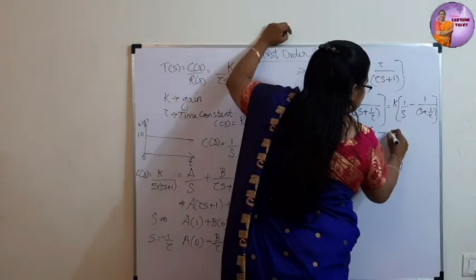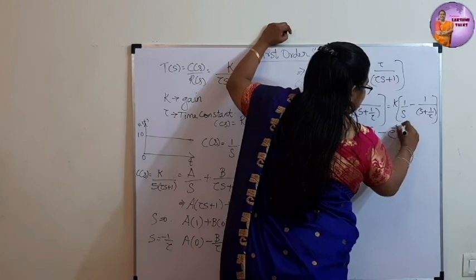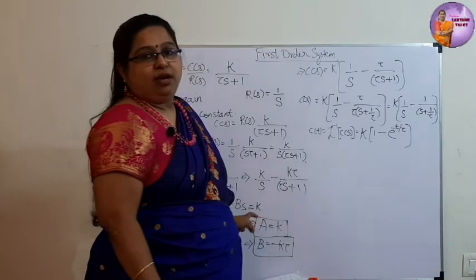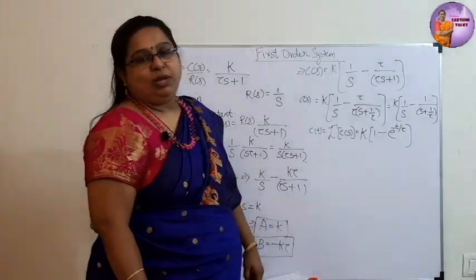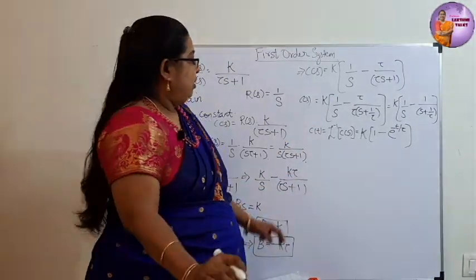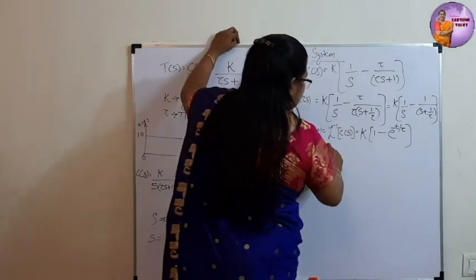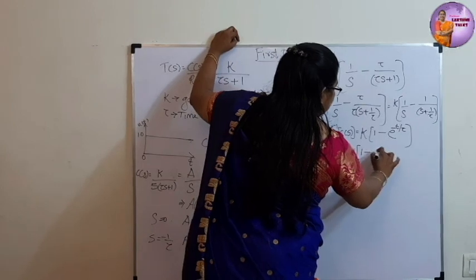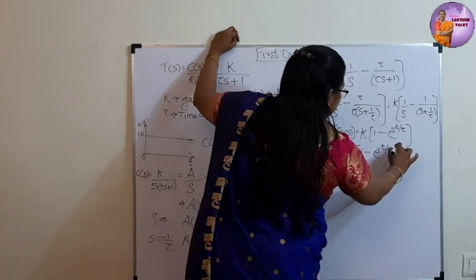So here it becomes e power minus t by tau, where our a is 1 by tau. So this is the response: C of t is equal to k into 1 minus e power minus t by tau.